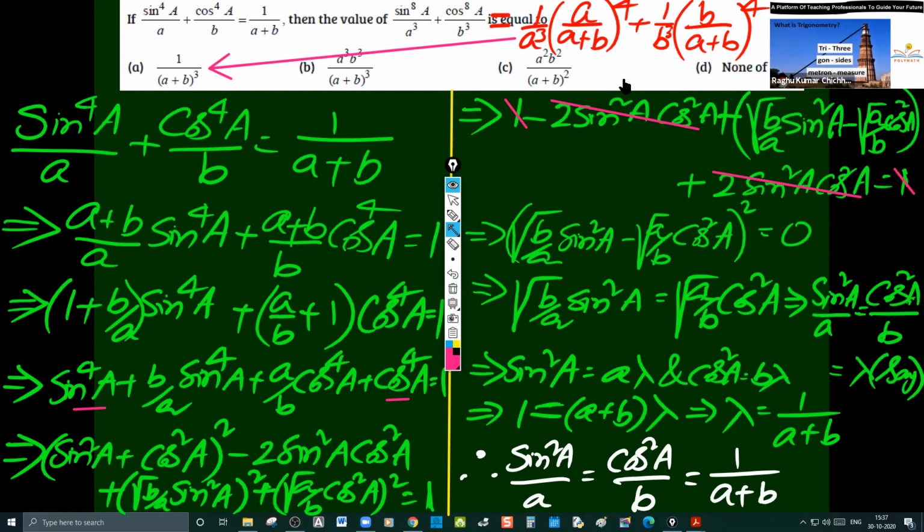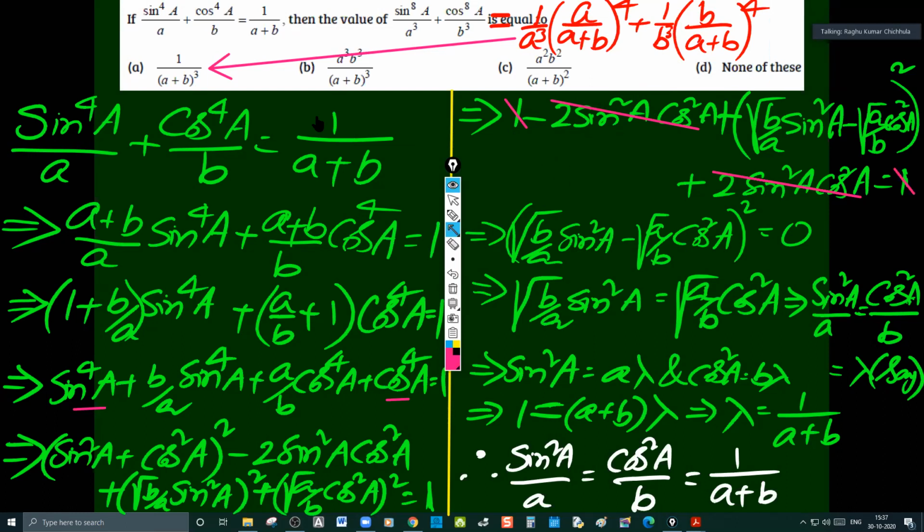Correct? What is that remaining in the numerator? A plus B. So A plus B divided by A power 4 plus B power 4 is how much? Just see. Understood, sir. Okay, sir.